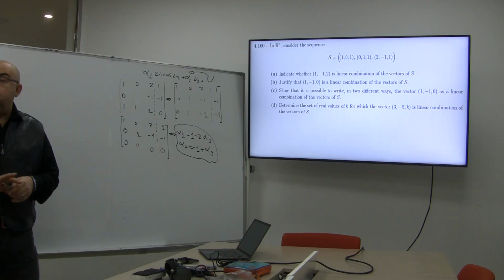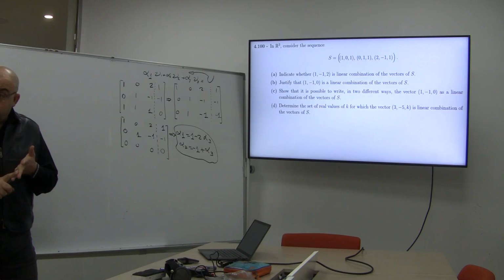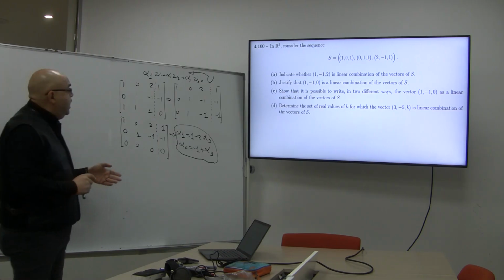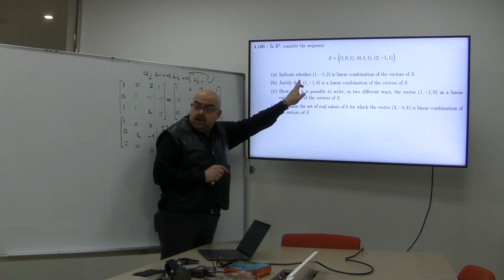Which means you have an infinite number of combinations of alpha 1, alpha 2, and alpha 3 that will make this vector work as a linear combination of this set.